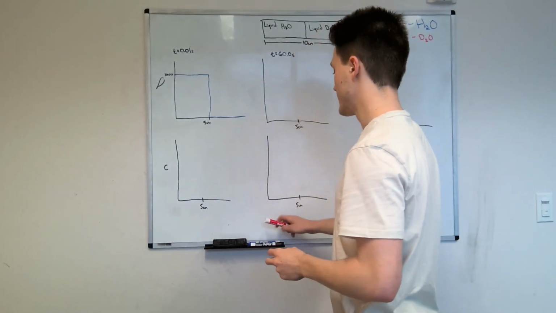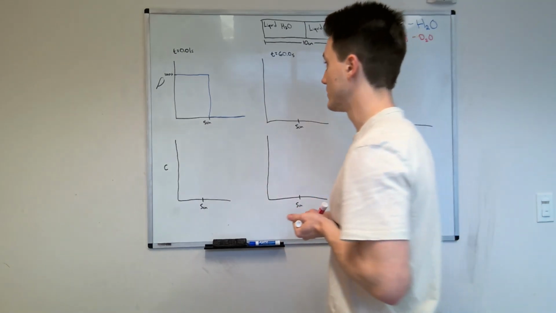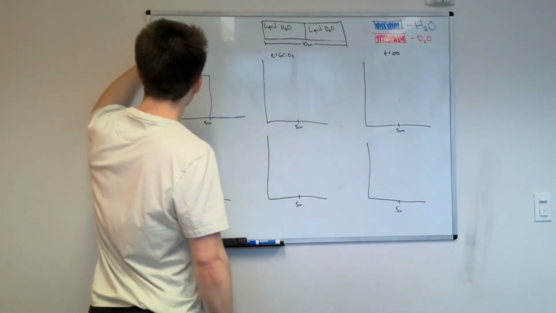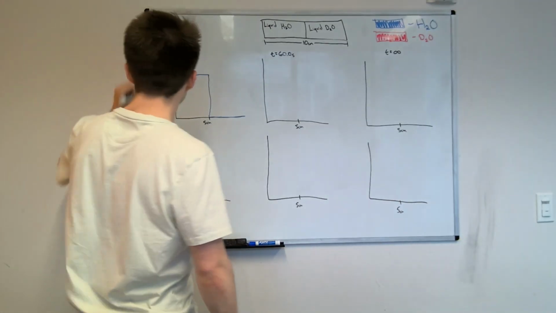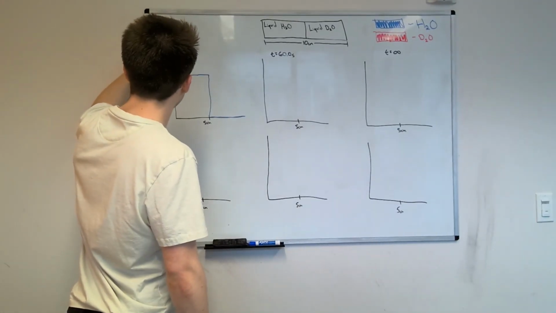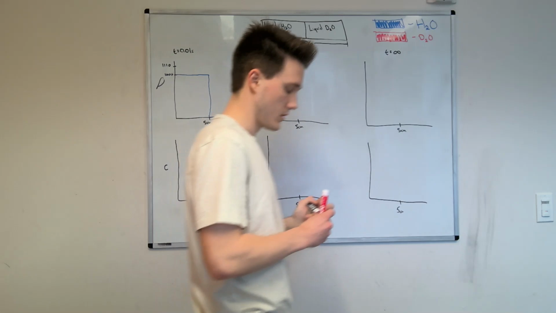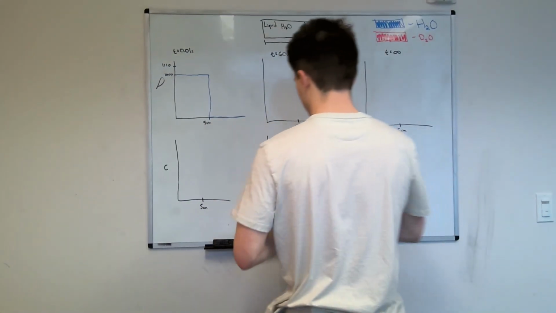Now when it comes to D2O, we know that mass concentration to be 1,110 kilograms per meter cubed.